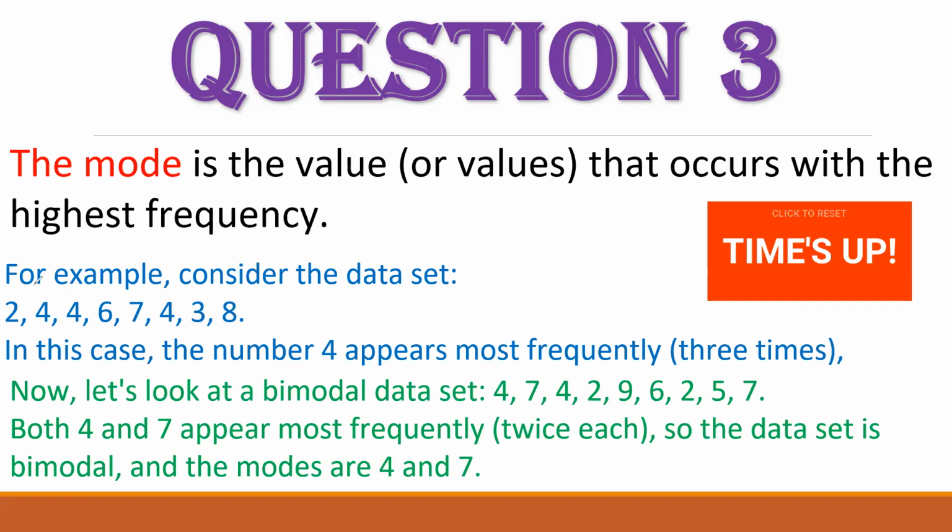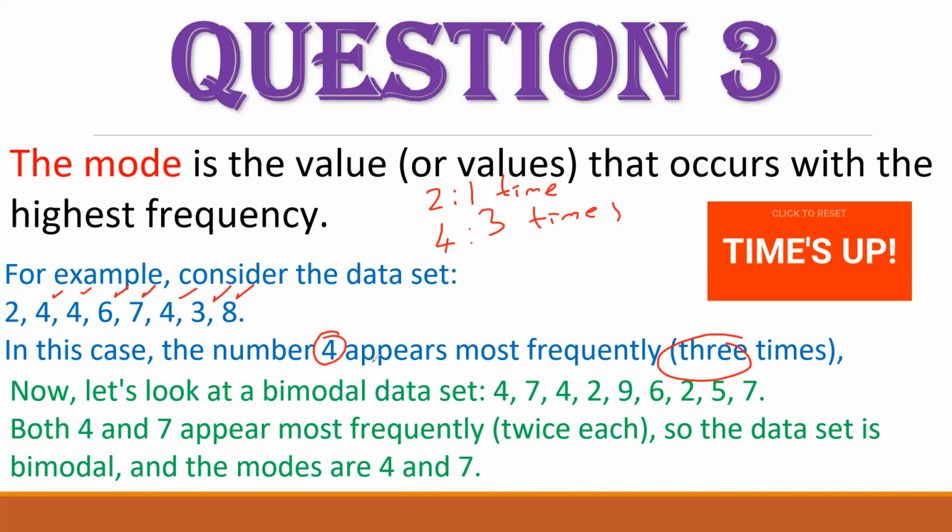For number 2, maybe you can make a list like this, it appears only 1 time. Number 4, count 1, 2, 3, so 3 times. Number 6, just 1. Number 7, just 1. Number 8, just 1. Number 3, only 1. But number 4 appears 3 times. So the mode of this group is 4.